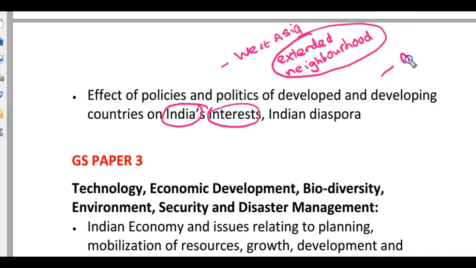We can call Asian countries, Central Asian countries, and also West Asia as India's extended neighborhood. Whatever happening in India's neighborhood and also extended neighborhood has direct repercussions on India's security, whether economic security, political security, everything. So we have to focus on our neighbors and extended neighborhood as well.